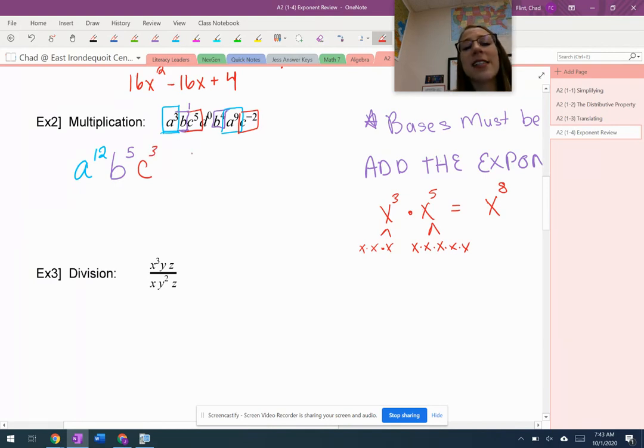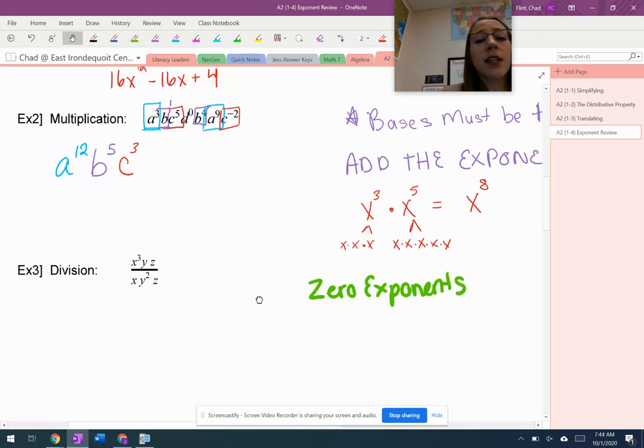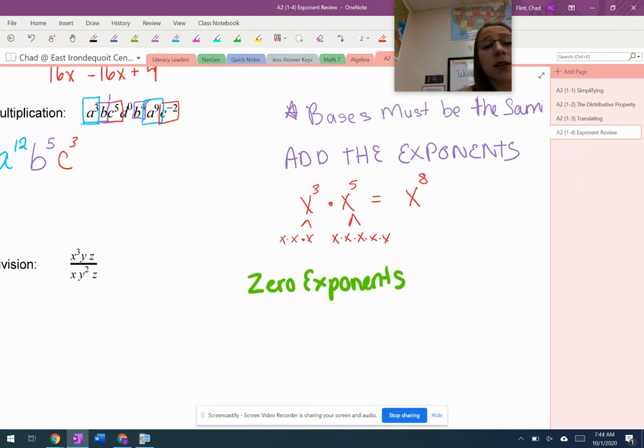And then that 0 exponent. It's been a hot minute since we talked about 0 exponents. Let's look at that real quick. An easy way to do this, if you don't remember, you can easily just take this and plug this into your calculator.